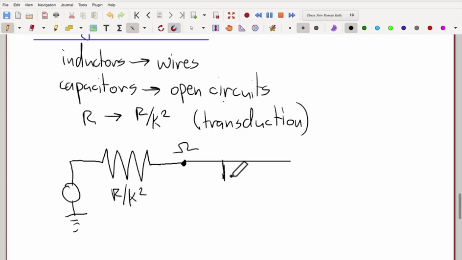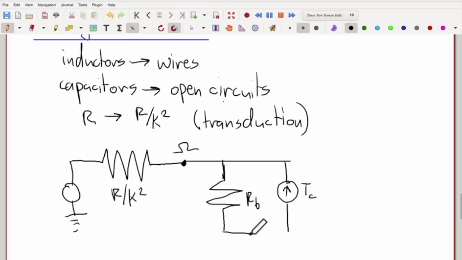As you might imagine, in steady state the rotor inertia doesn't matter anymore. But we can't neglect this RB, and we also can't neglect this Coulomb friction from the bearings either. And of course, we still care about the load here.